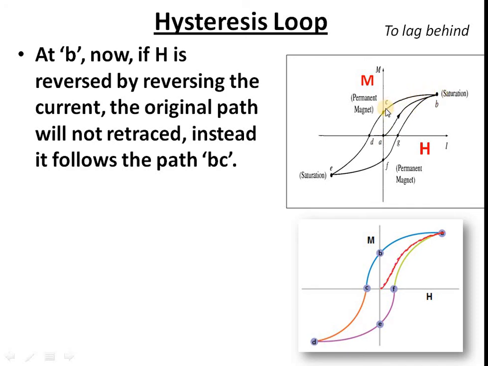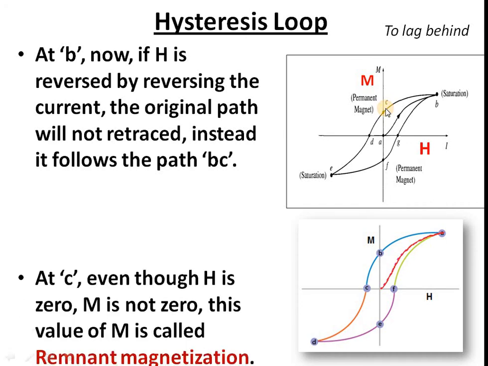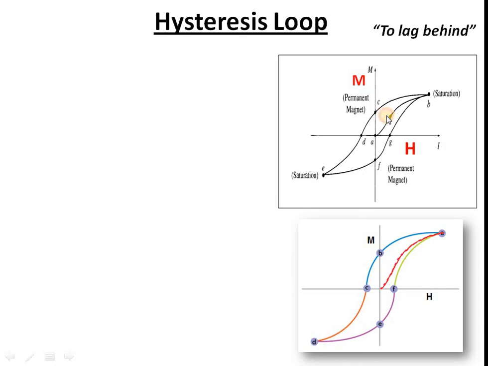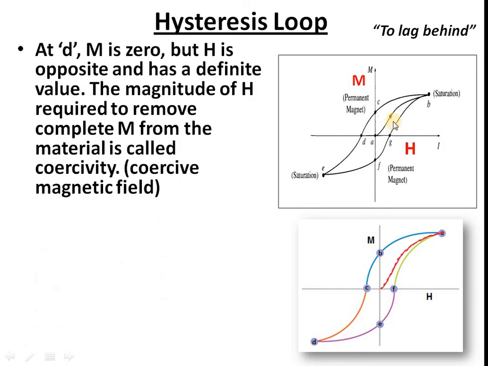This is an experimental graph. Now you can reverse the H value in the opposite direction. Even though H is 0, M is not 0 at that point. This value of M is called remnant magnetization, as we have already discussed. When you reach D, M is 0, but H is not 0.